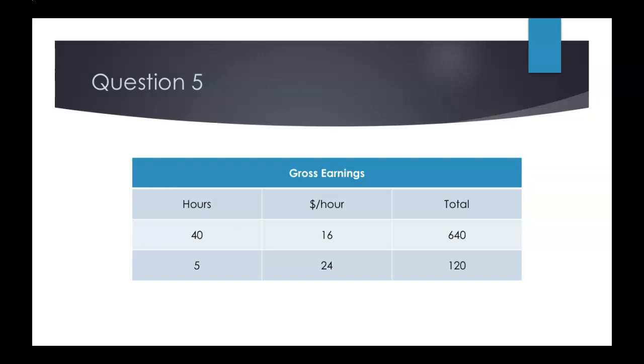So the gross earnings are the total amount that an employee earns. Right? So the gross earnings in this case, we want to add up the 640 and the $120 to get a total of $760. So Beth Corbin's gross earnings are $760.